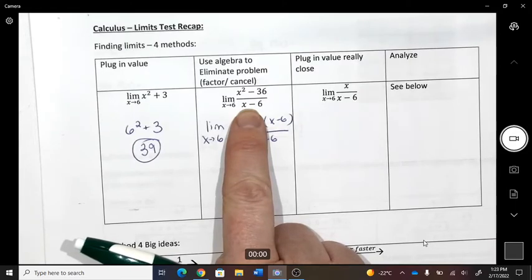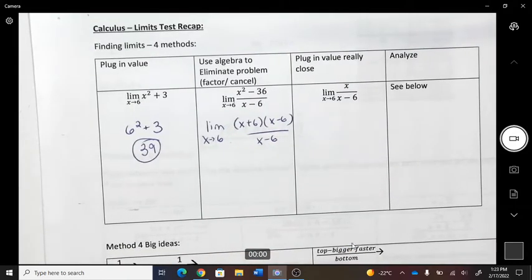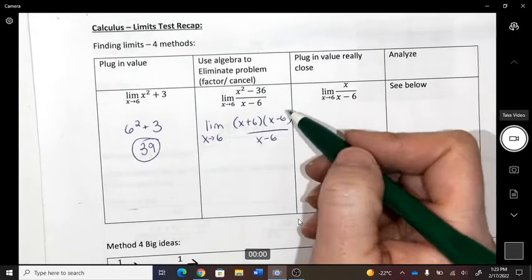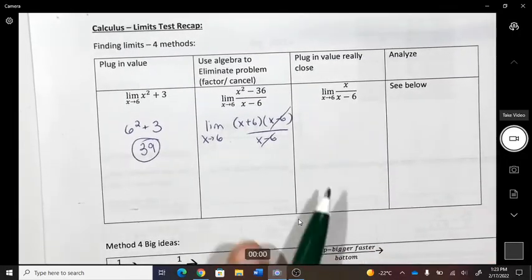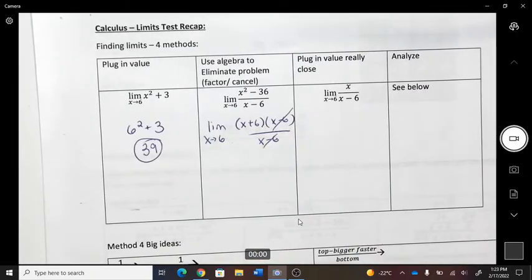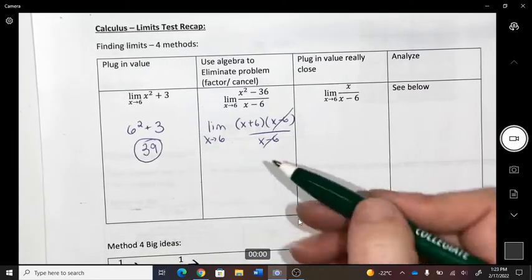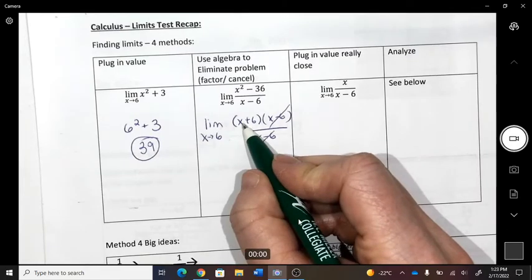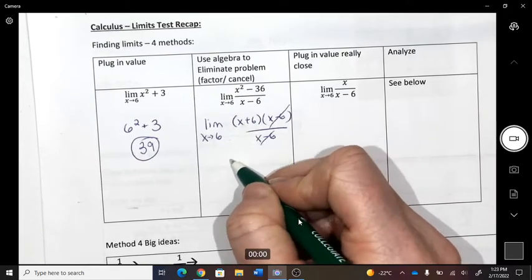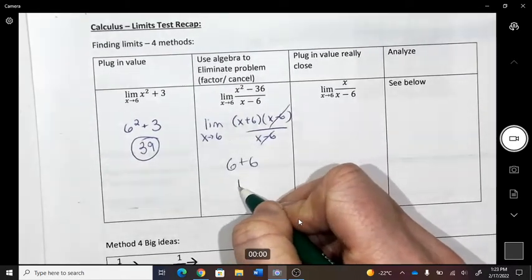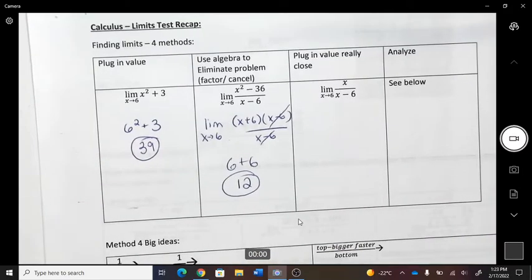Because it makes a 0 on the bottom, and 0 on the bottom is not good. Alright, so when I cancel, now I am able to plug the 6 in. So as this x gets closer to 6, my equation will reach 12.